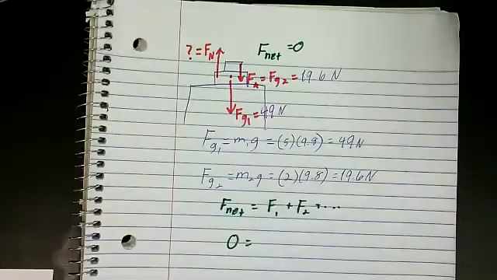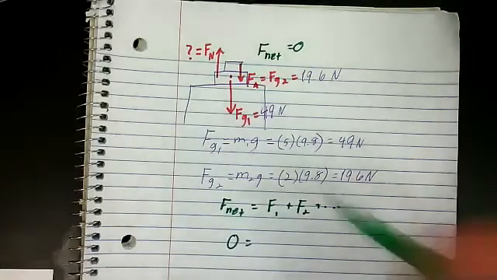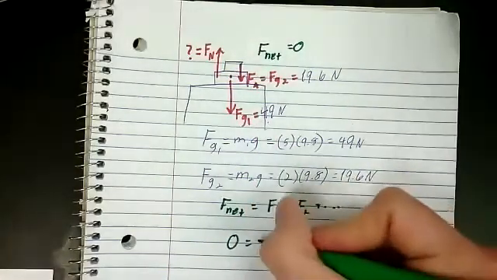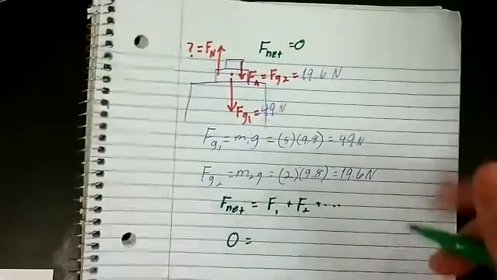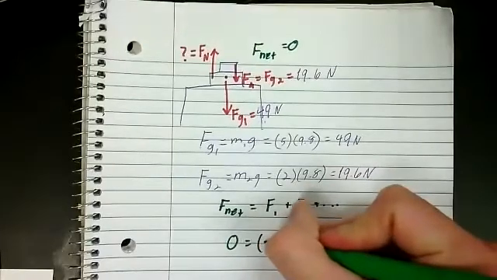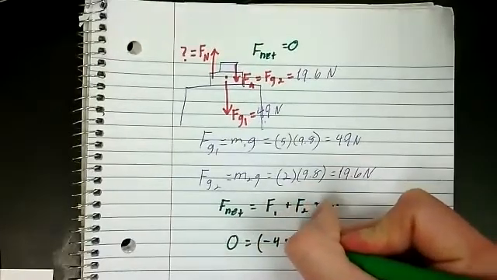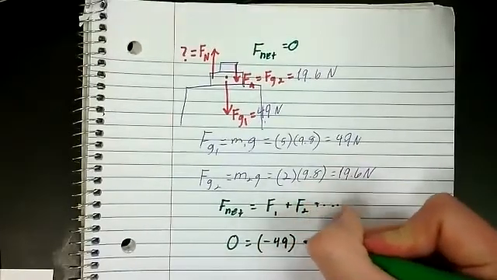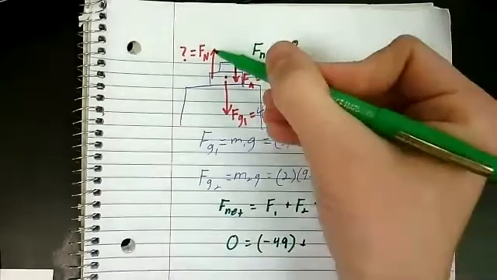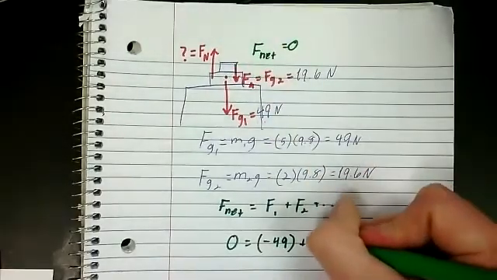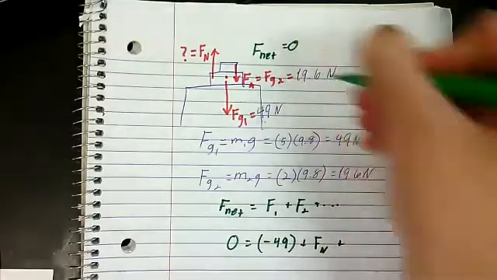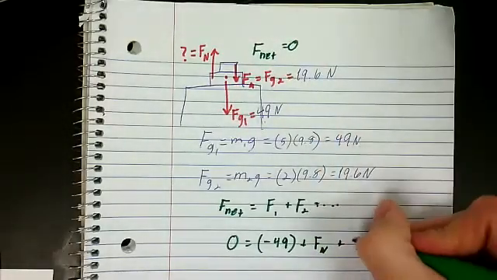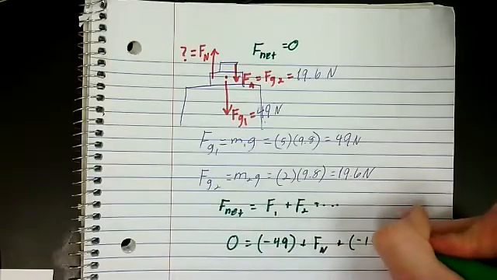F1 will be my first force. Well, which is my first one? It doesn't matter. Okay, gravity, 49. Now it's downward. It's opposite of my normal direction, which would be up. So it's going to be a negative 49, plus my second force. We'll make normal my second force. That's fine. Plus my third force, which in this case is gravity on the second book, which is a negative 19.6.